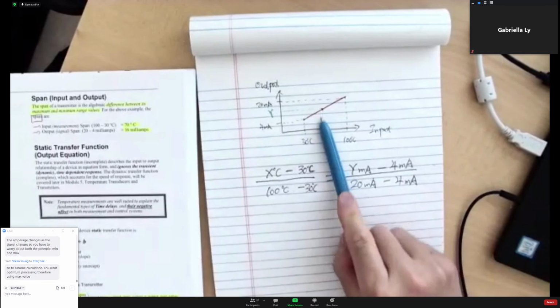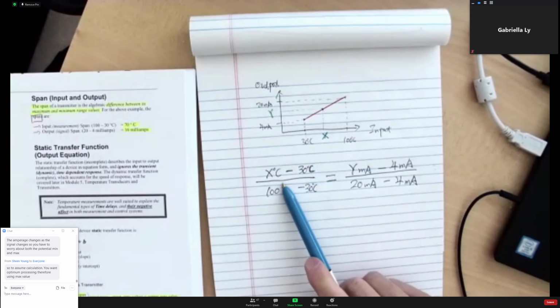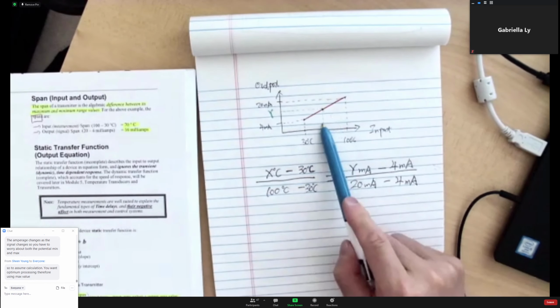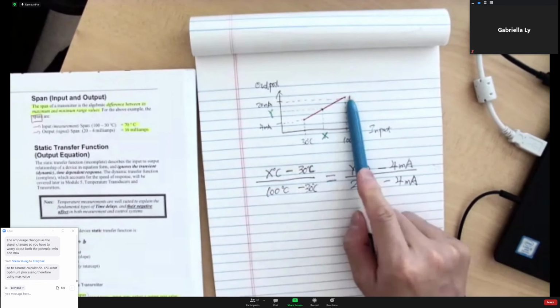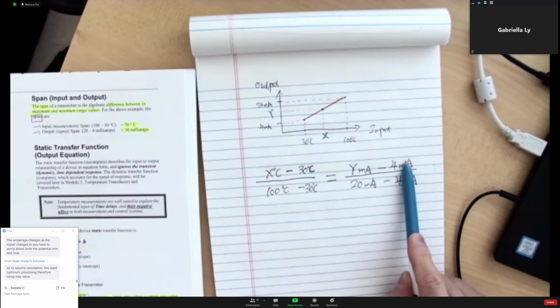So for any point on this line, the relationship from this point subtract the zero value, compared to the whole range, equals the current subtract the zero value over the whole range.